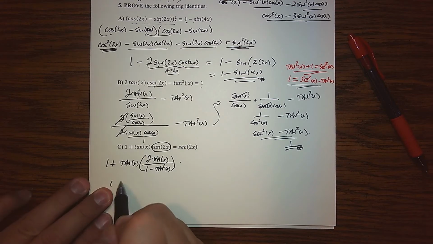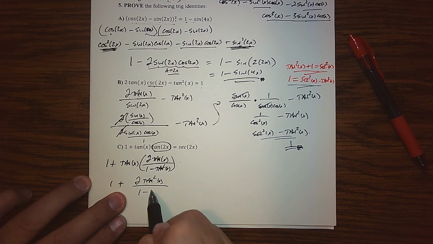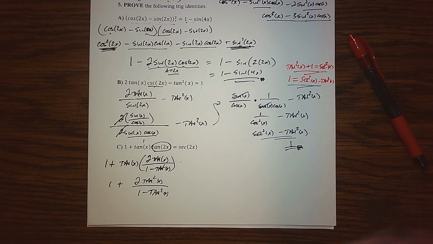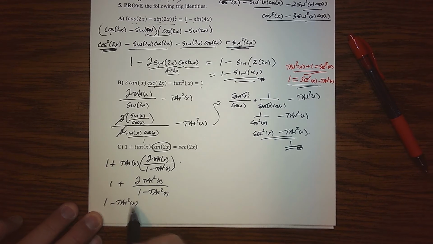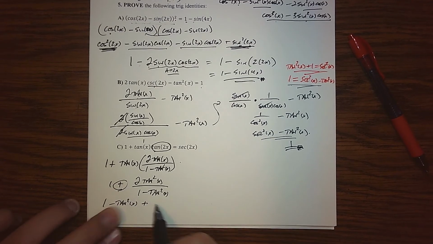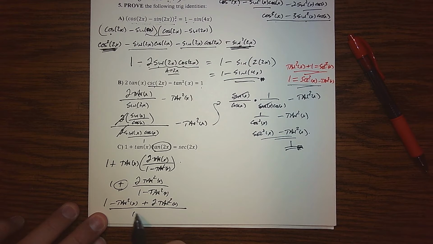So we have 1 plus 2 tangent x all over 1 minus tangent squared x. Getting a common denominator, what we basically are looking at here is 1 minus tangent squared x, and then we're going to add 2 tangent x, and this is going to get us all under the same denominator.